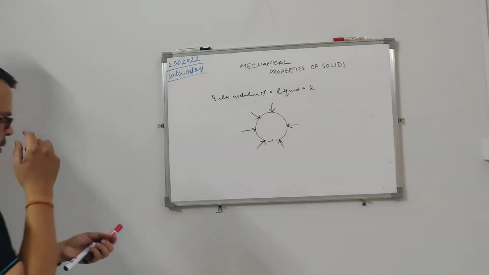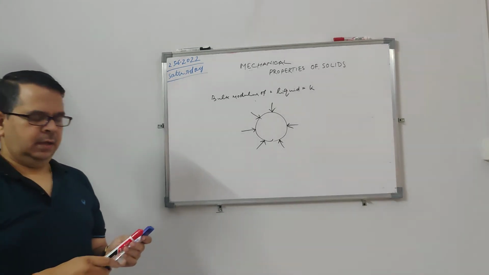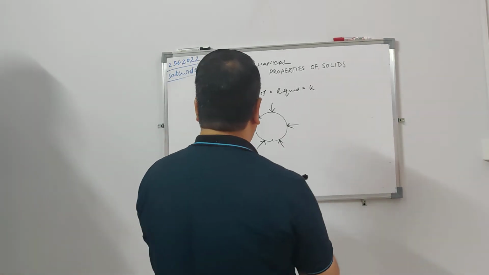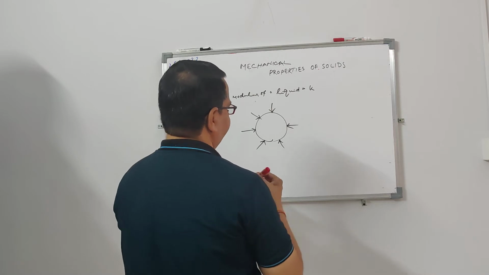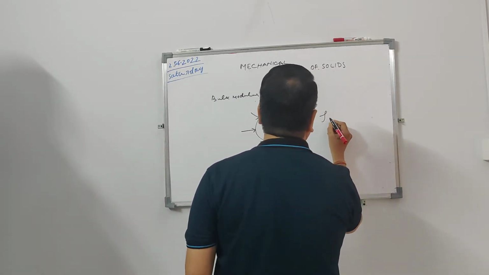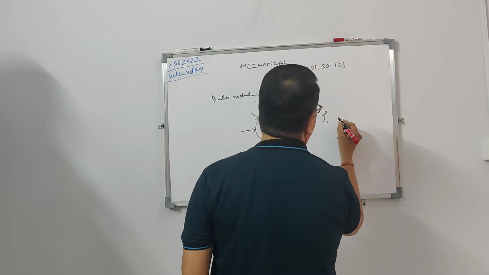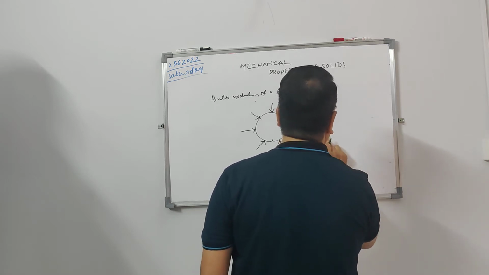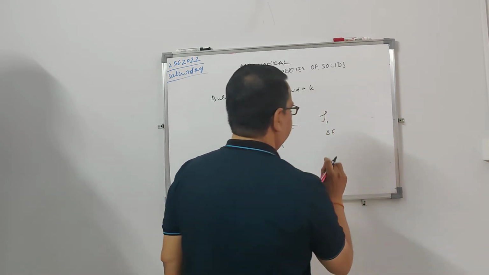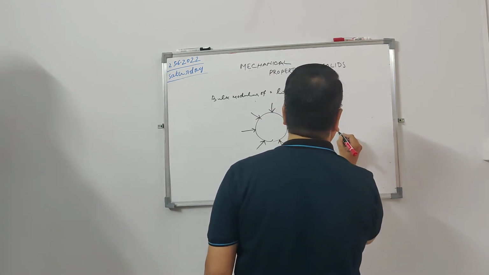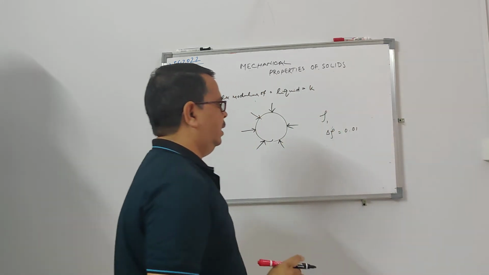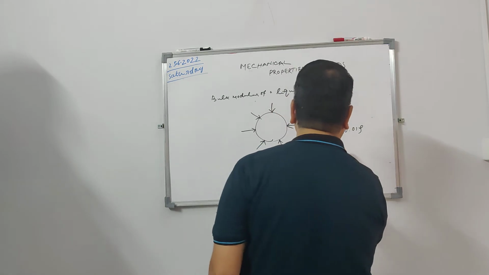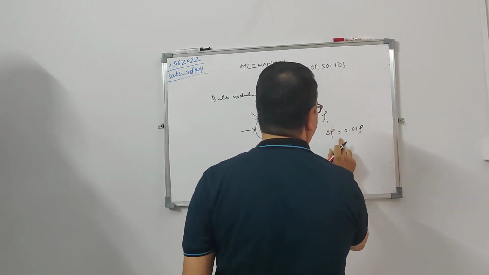It's a compressible liquid, so the density increases by 0.01%. So delta rho is equal to 0.01 rho.